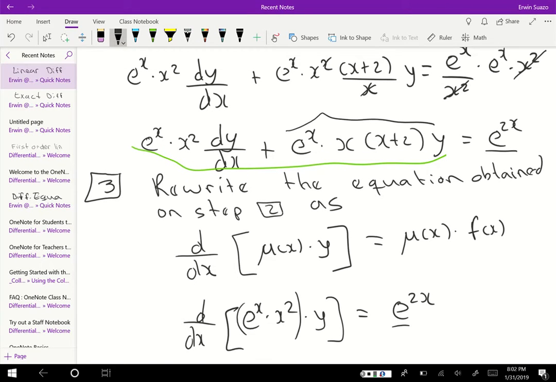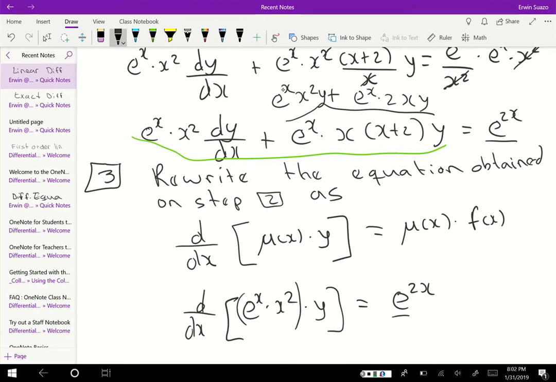So we get e to the x times x squared plus e to the x times 2x, right? And all these times y. You expand that. So when I do this, the first derivative will be e to the x times x squared times y. So that will be this part.